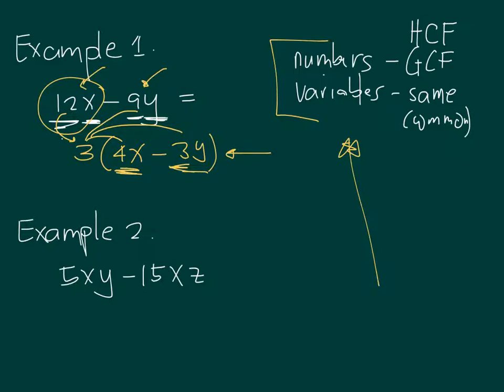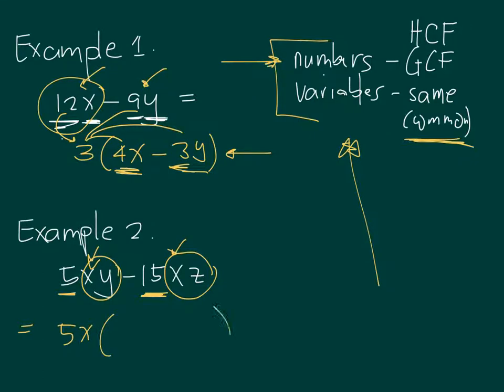The highest common factor of 5 and 15, meaning the highest divisor of 5 and 15, is 5. So that's already working with the numbers. And then for the variables, the common one is the x. So we can also factor out the x.